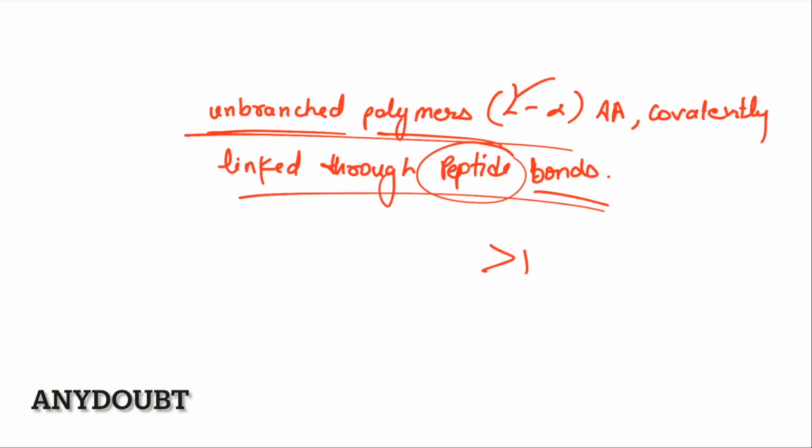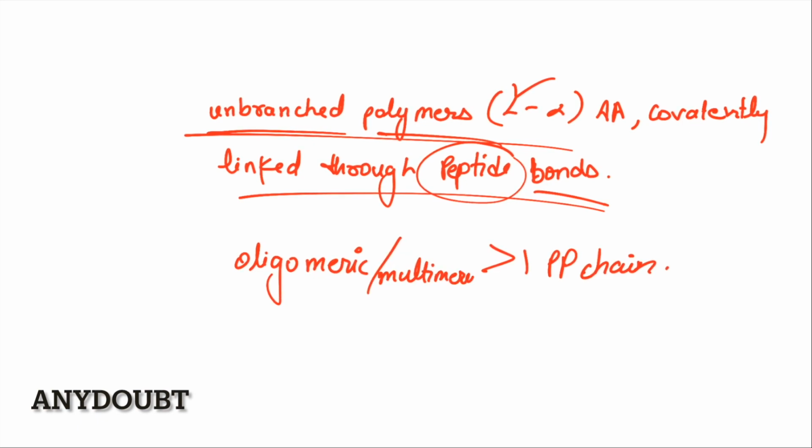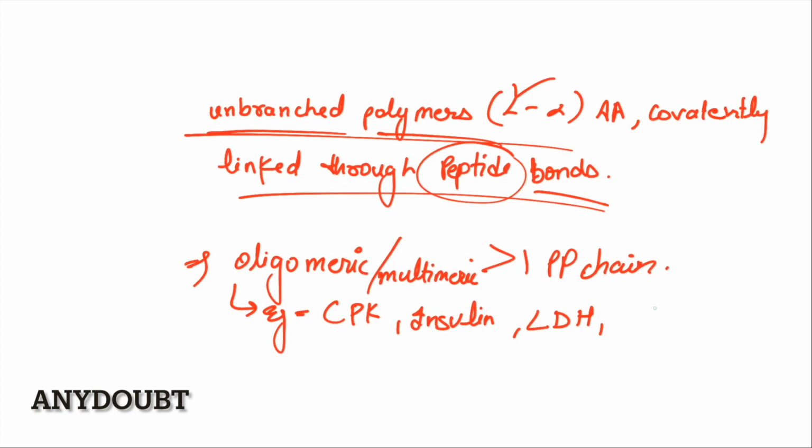And if more than one polypeptide chain is present, the name is oligomeric or multimeric. Examples of oligomeric or multimeric proteins are CPK, insulin, LDH, HB, ALA dehydrogenase.